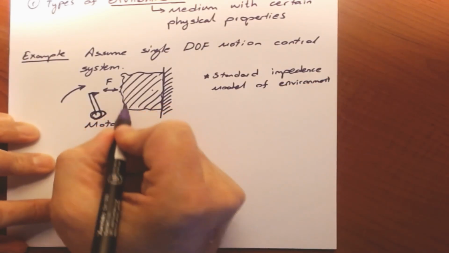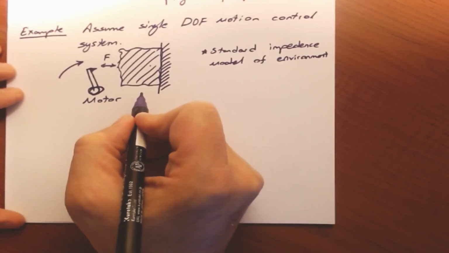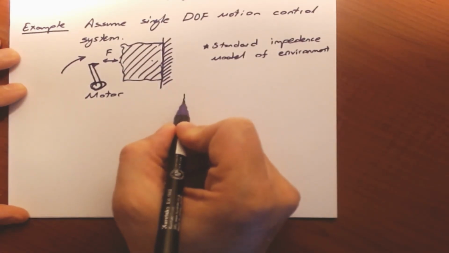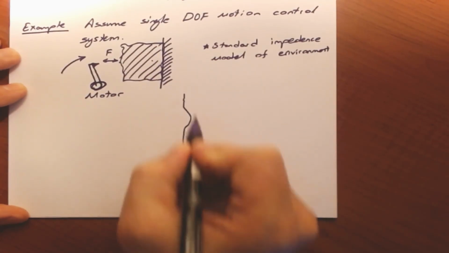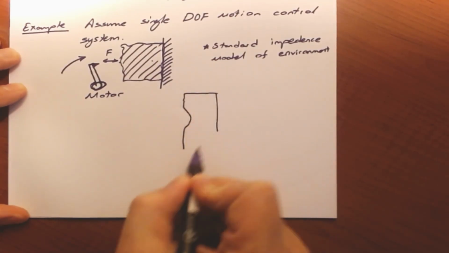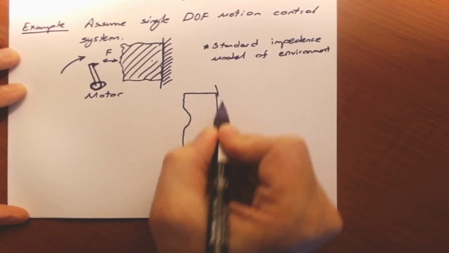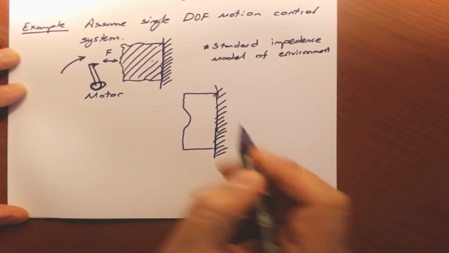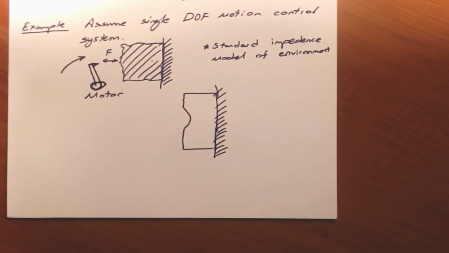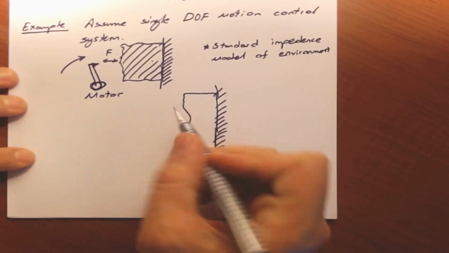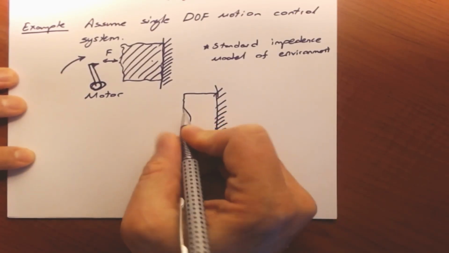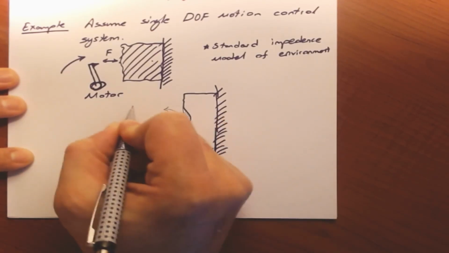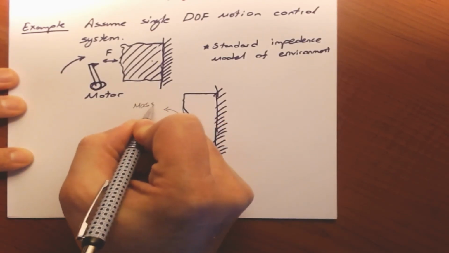When you deflect this environment from its natural position, first of all, you displace a certain amount of mass, so it has certain mass properties.